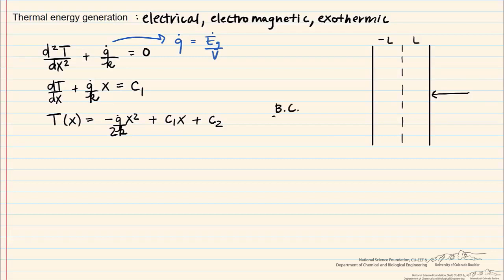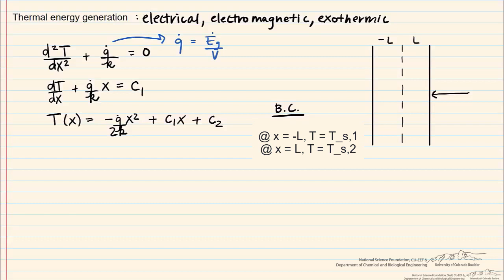The simplest is if we know the surface temperature of each wall and it's constant. So for example, we can say at x equals L, T equals Ts1. And then we can say at x equals minus L, T is equal to Ts2.